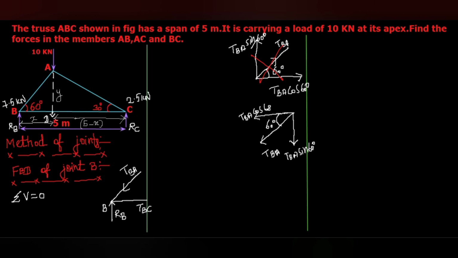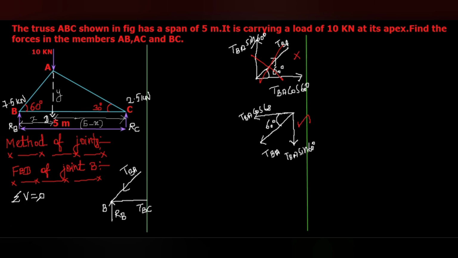So now here, the TBA should act inwards to the B. That means this one will be the right, this one will be the wrong. So we consider the direction of the TBA inwards to the B. Like that, we have to identify the direction of the forces also.